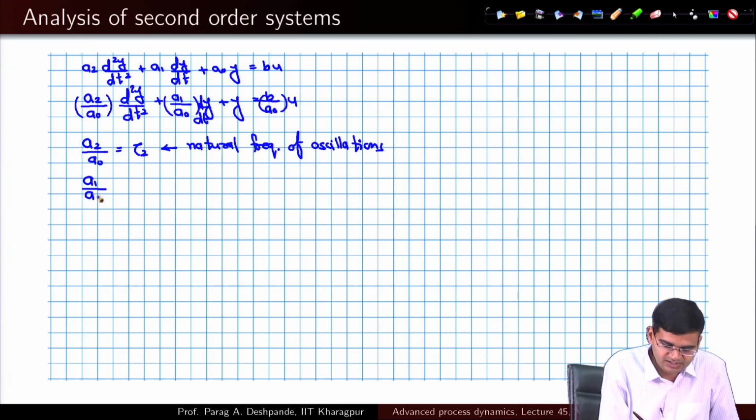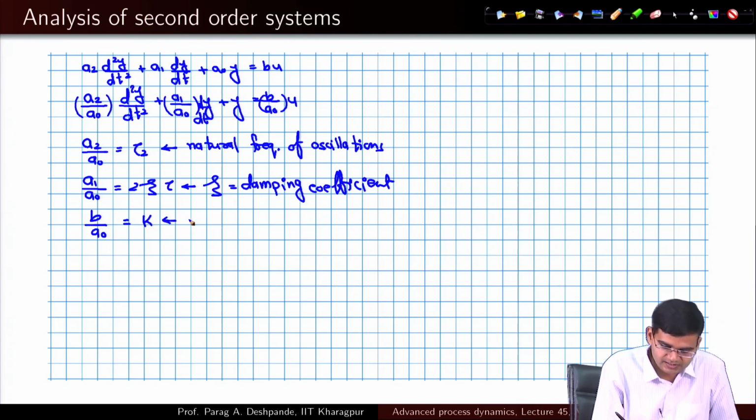A1 by a0 is 2 zeta tau, where zeta is the damping coefficient, and b by a0 as usual is the static gain of the system.